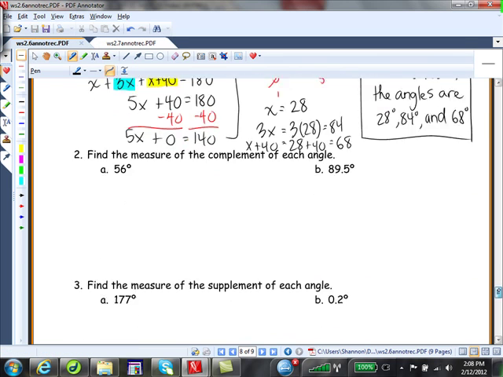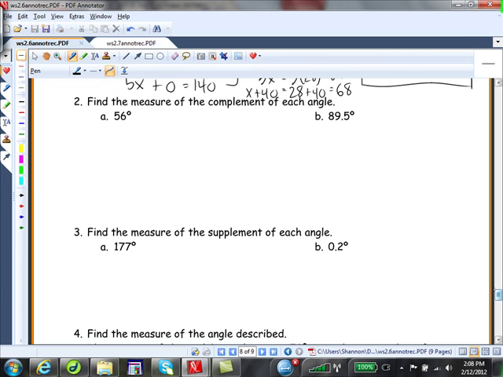All right, here's some practice with complements. So remember that the complement, for each angle, we have to figure out what number, when added to 56, gives a result of 90 degrees. So if you do the same type of thing, you'd have x plus 56 degrees must be 90 degrees.